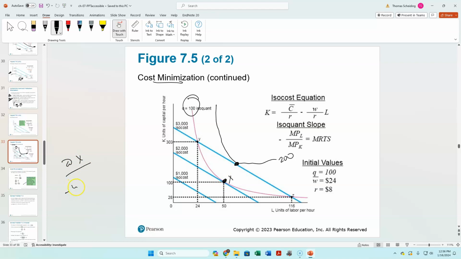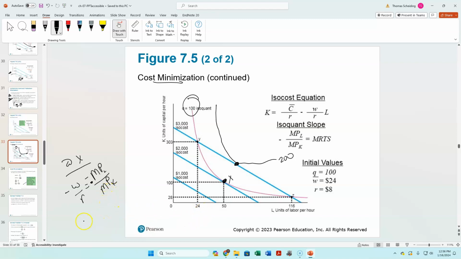Essentially, at X, the slope of the iso-cost line, W over R, is equal to the marginal rate of technical substitution, which is the negative ratio of the marginal productivity of labor over the marginal productivity of capital.